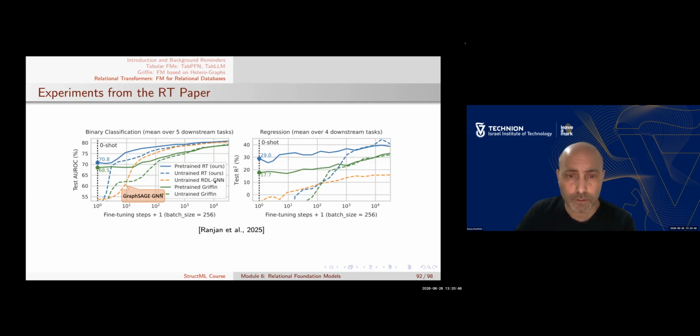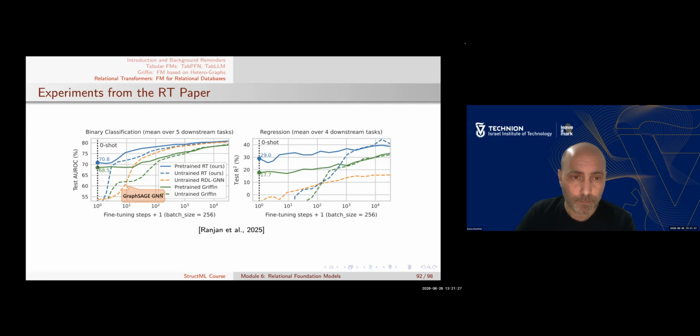And this is a GNN, basically a heterogeneous GNN, the orange one. So you can see that, without examples, they have bad, basically random performance. This is a ROC AUC, very close to 50%. The pre-trained Griffin and RT, using the context that they were provided, start with a good performance, close to 70%, which is non-trivial.